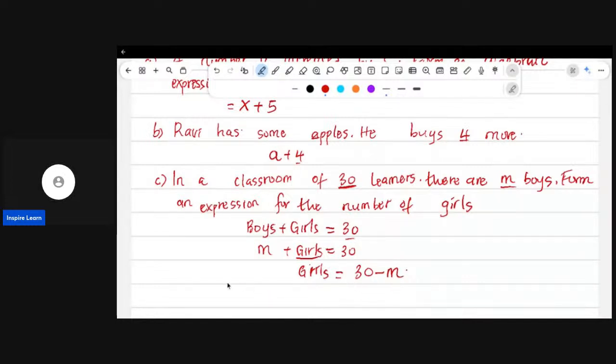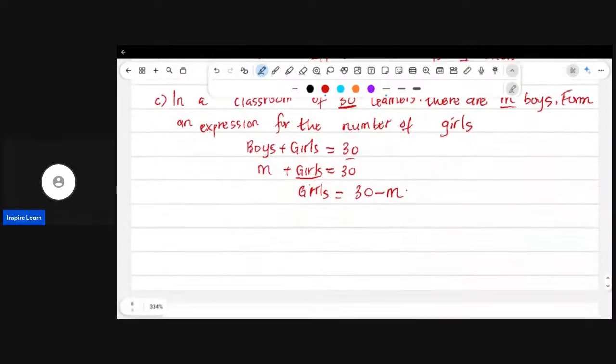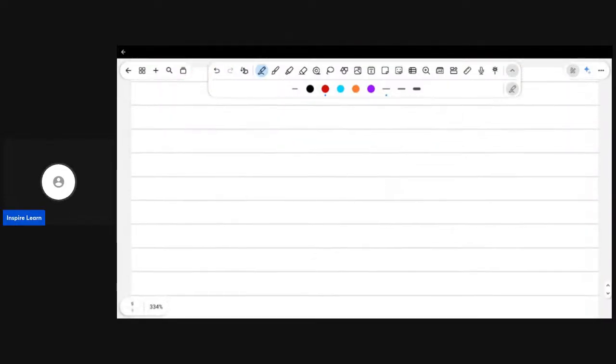Then we can go to the other part, that is addition and subtraction of algebraic expressions. So that is formation of algebraic expressions involving addition and subtraction. That is the next part that we're going to go to. So let's get there.